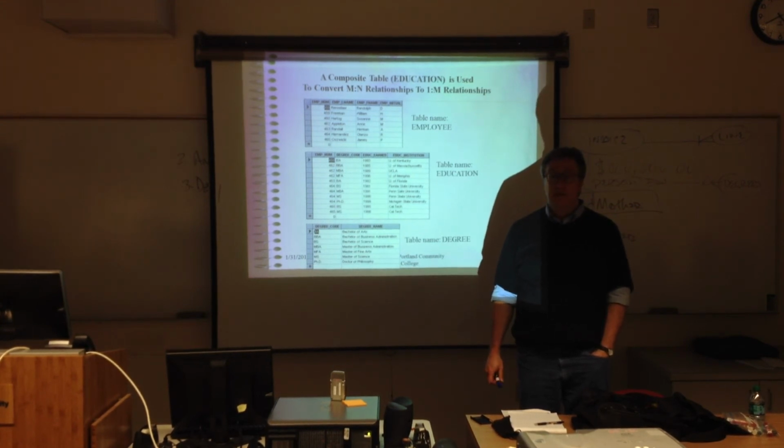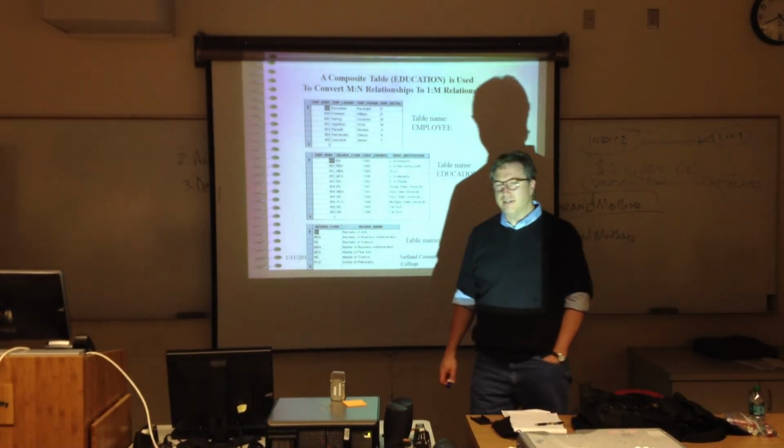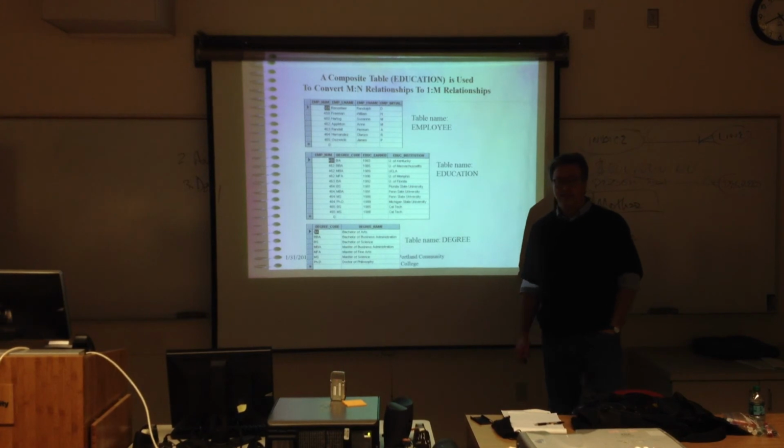Well, what does BS stand for? Bachelor of Science. Could it stand for something else? Bachelor of Sociology? Did they make a degree like that? What does MD stand for? PhD?